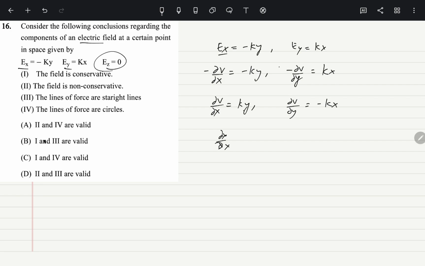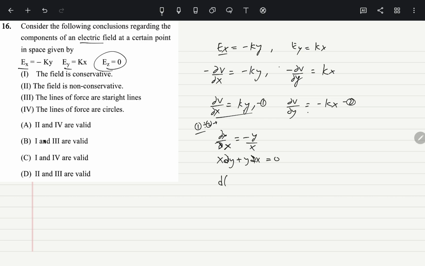Now if we divide these two equations, first divided by second, we get del y by del x equal to minus y by x. Okay, so now if we solve this a little bit, we get x dy plus y dx equal to 0.